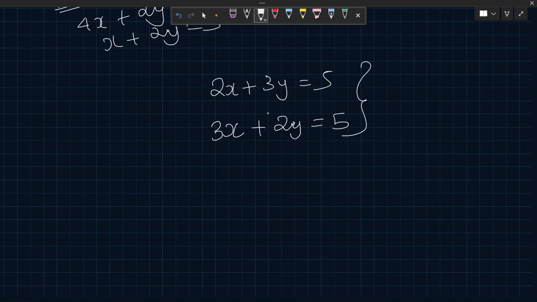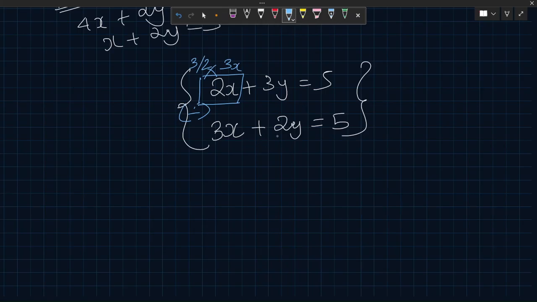So now I have two equations in two variables. Now you can see that, in principle, yes, you could multiply this by 3 by 2. And if you multiply this equation by 3 by 2, the coefficient here will become 3x, and you can subtract these two equations.